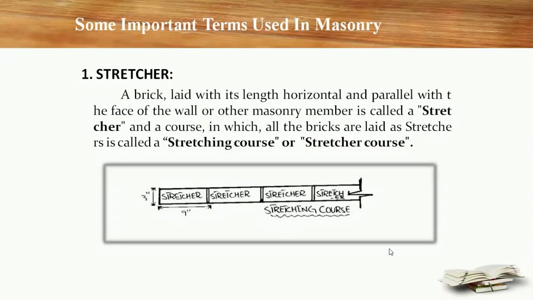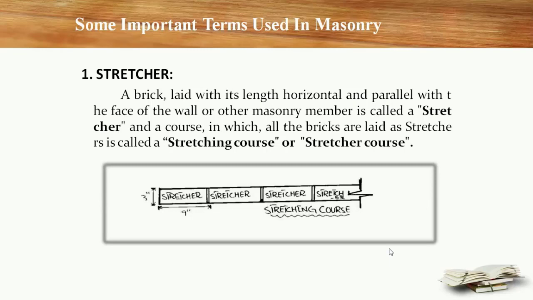A number of terms are used in the context of brick masonry. This needs to be understood before studying the topic in detail. So first is the stretcher. The stretcher is a brick with its longer face, 190 by 90 mm, in the direction of the wall, as shown in the figure.